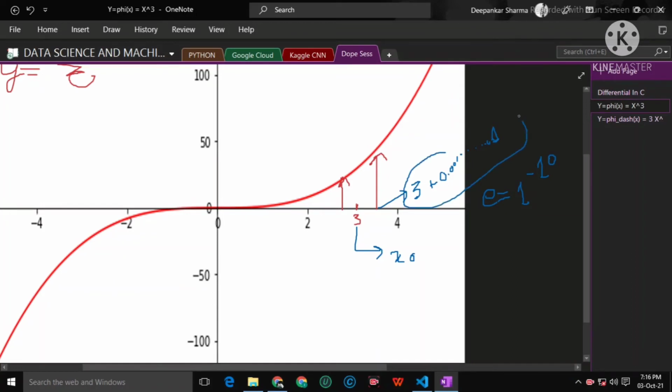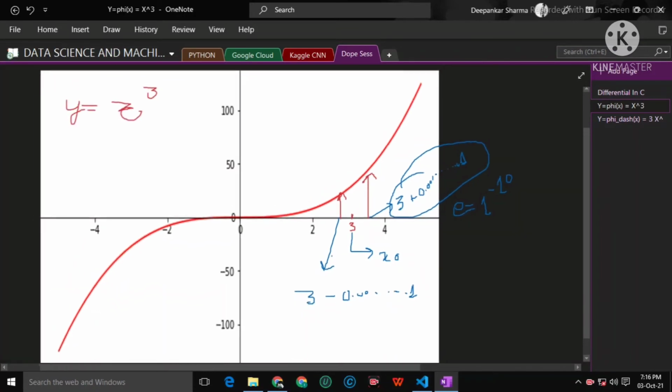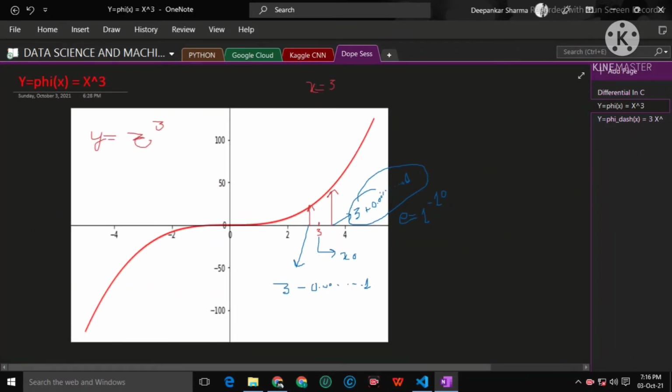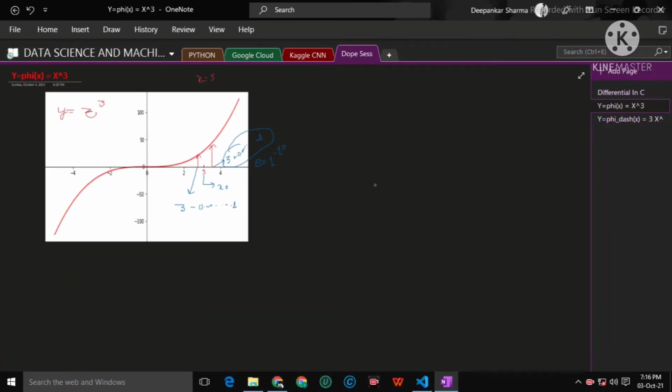And similarly x1 we will have 3 minus 0.00000, ten zeros and then 1. And now how we calculated the tangent was (y2 minus y1) divided by (x2 minus x1), right?